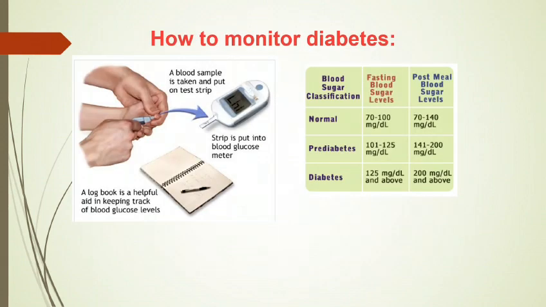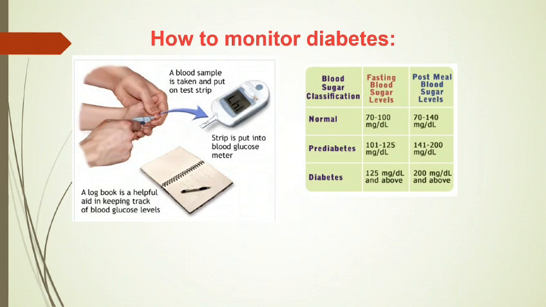So how to monitor diabetes? Random blood sugar we can monitor by glucometer in our home itself, so that we can maintain a logbook or keep a record to track our blood glucose level easily. These are the normal ranges: normal ranges from 70 to 100 in fasting blood sugar, and in postprandial 70 to 140 mg.